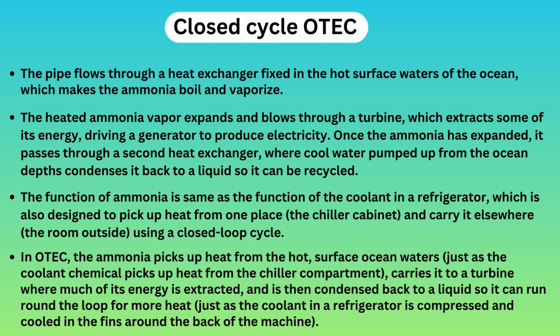So in ocean thermal energy conversion, the ammonia picks up heat from the hot surface ocean water, just as the coolant chemical picks up heat from the chiller compartment, and it carries it to the turbine where much of the energy is extracted and is then condensed back to a liquid so it can run round the loop for more heat. Similarly, the coolant in a refrigerator is compressed and cooled in the fins around the back of the machine.